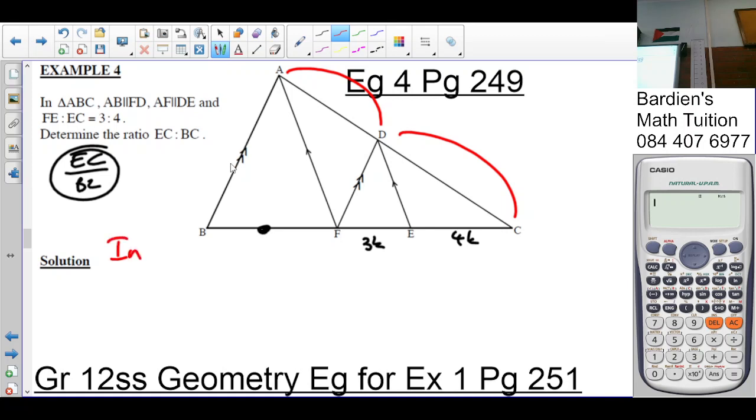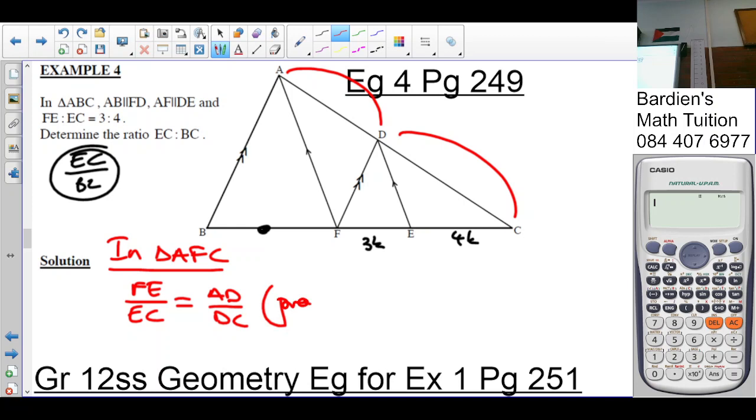So in triangle AFC, which is this triangle here, we know that FE over EC is equal to AD over DC. And where is that coming from? It's coming from the proportionality theorem and the fact that DE is parallel to AF.